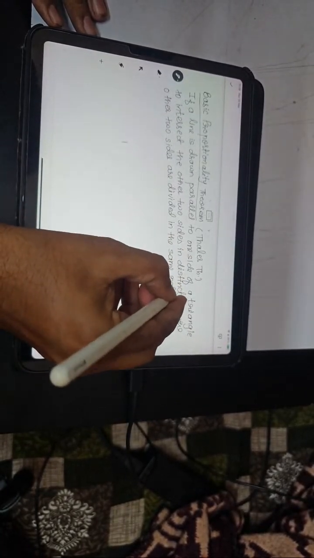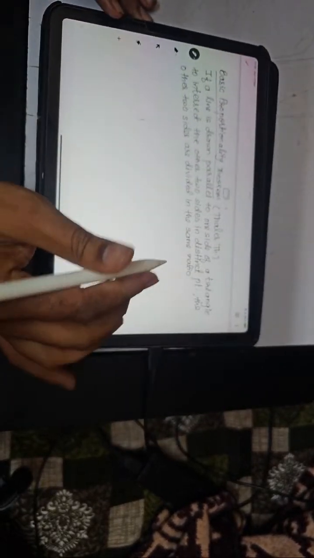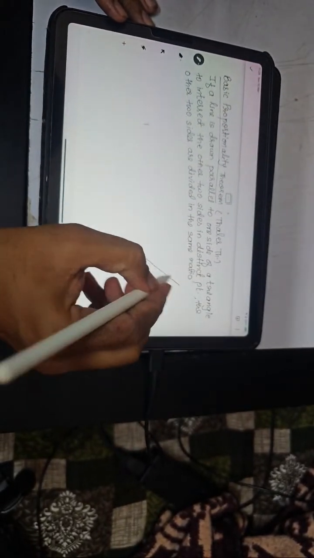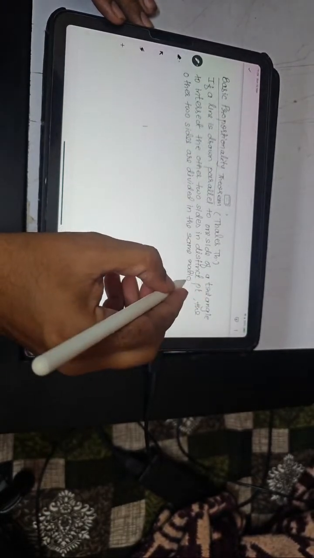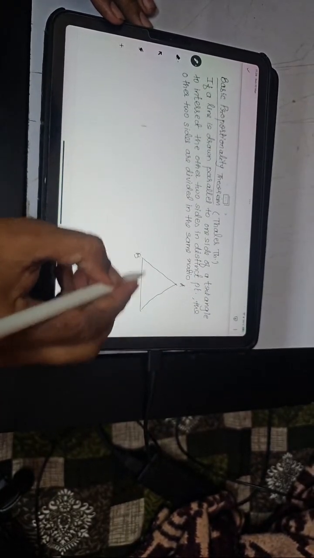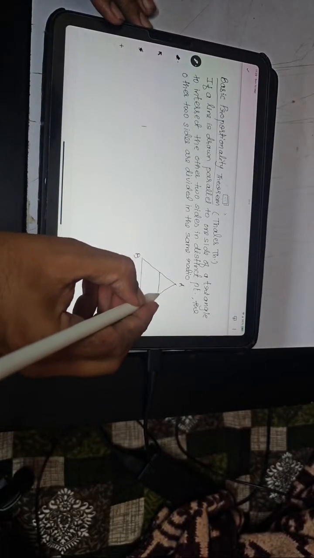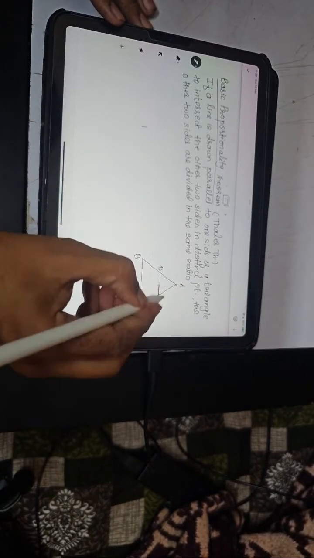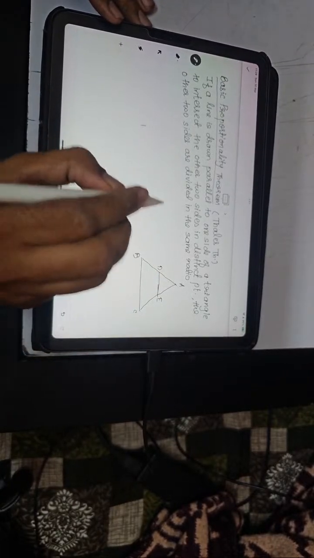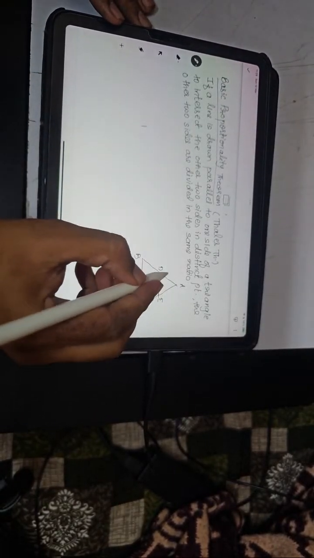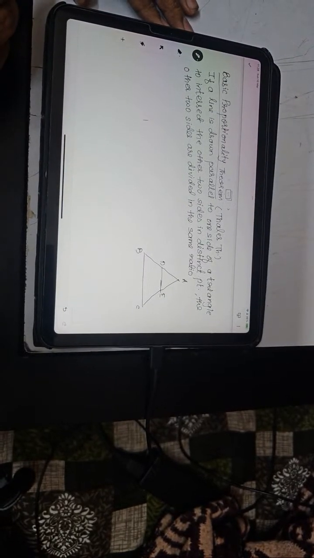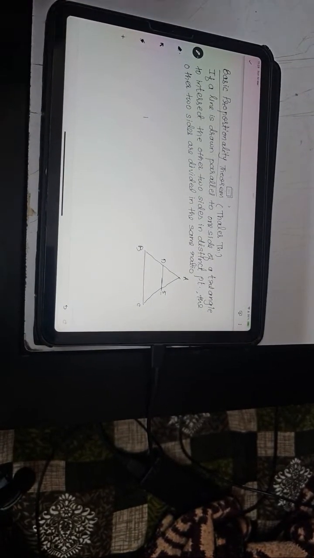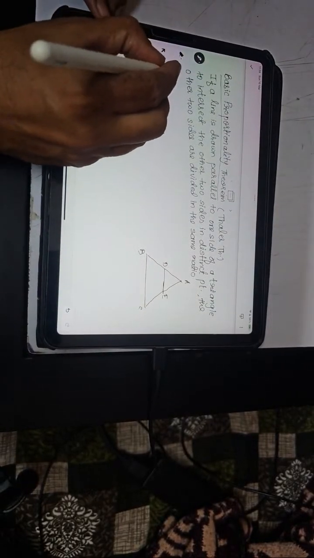Okay, if I am making a parallel line to one side of the triangle, suppose this is my triangle ABC and this is DE, which is parallel to one side. So it says, if I do this, it will divide the sides in the same ratio.